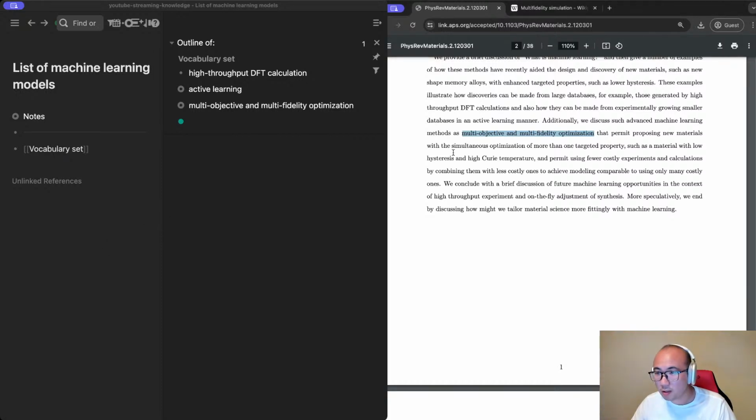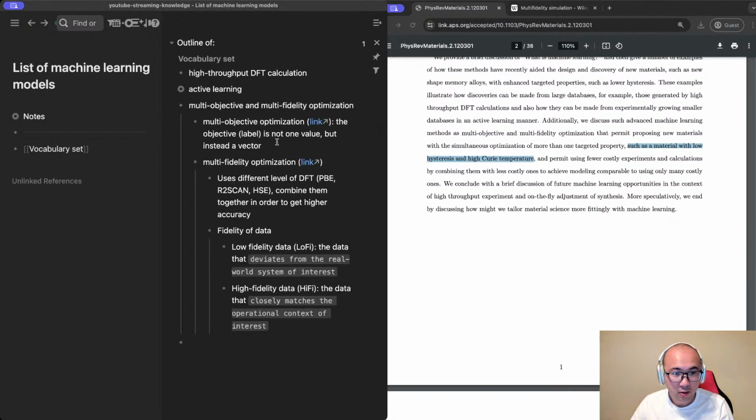That permits proposing new materials with simultaneous optimization of more than one target property, using field cost. Yeah, so with low heterogeneous and high curing temperature. This basically means this one.